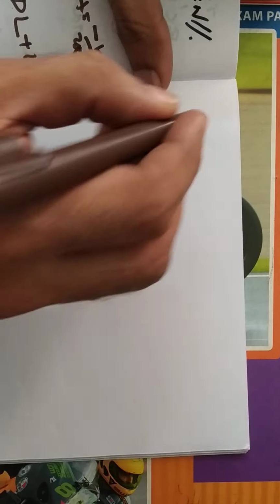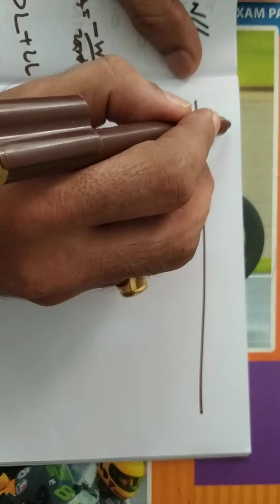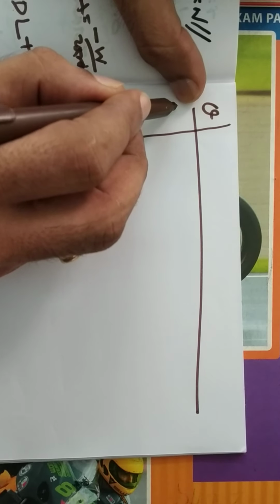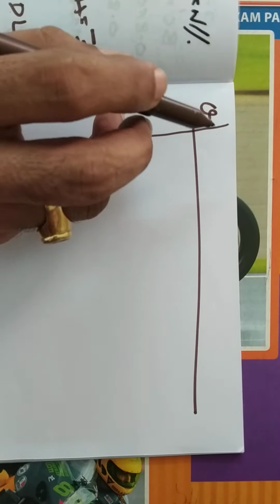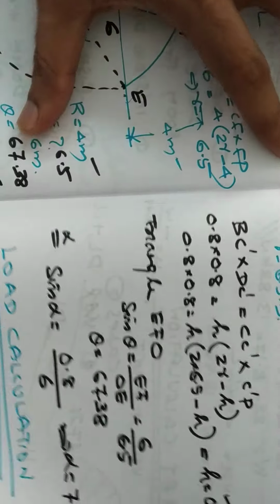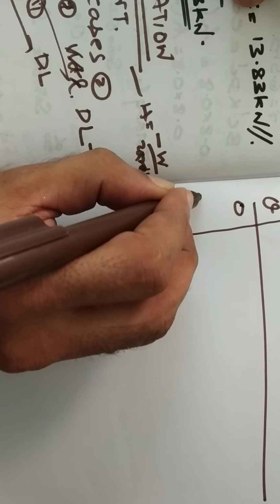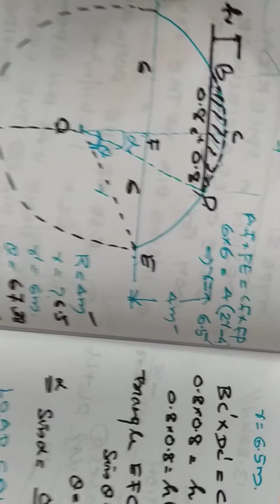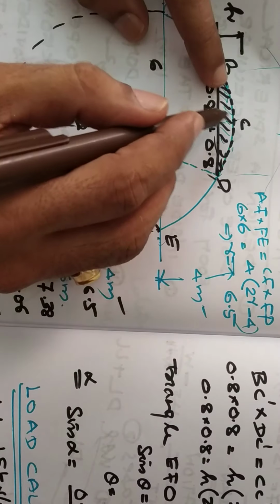I will draw a column like this. The first case is easy for us. Then this is theta, which we need to calculate. What is given is 0 degree also, but 0 is not required actually. Our alpha is 7.06 degree, so let us write 7.06, because 0 will not come.